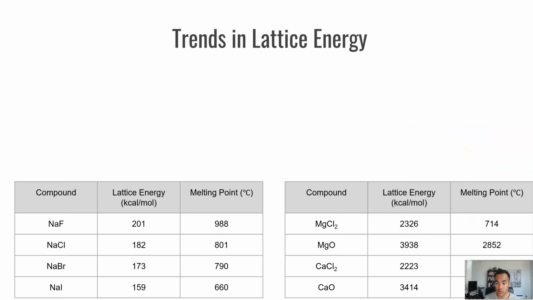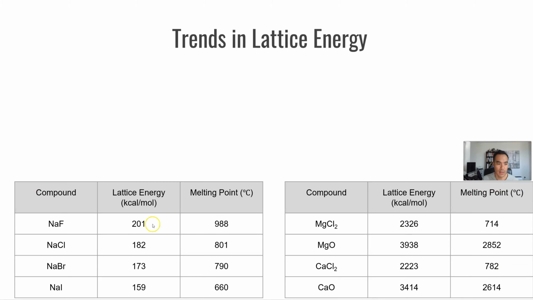Now let's talk about some trends that you'll find, and I'm going to move this a little bit so you can see. This is a typical question that you're going to get. There are compounds that have specific lattice energies and specific melting points, and your job is to look at what pattern you'll find.